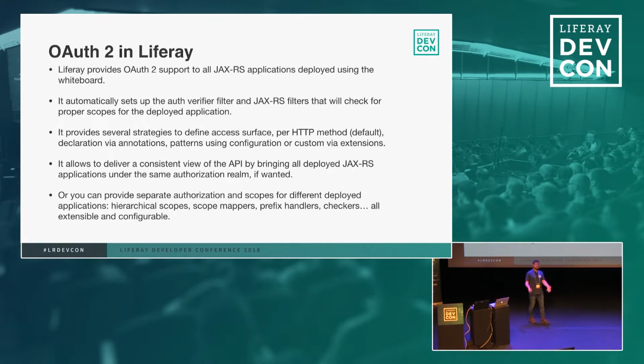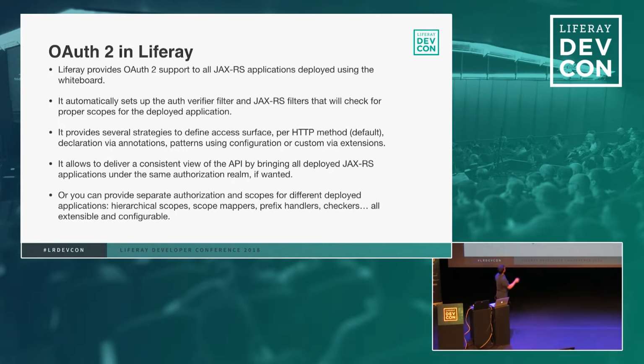Like, I want to develop now, and I don't want to take care of OAuth2. I'm not going to tell you how to disable that now. If you want to know, you can find me or look into the documentation. But it's easy to disable it. You can use configuration just to disable OAuth2 support.